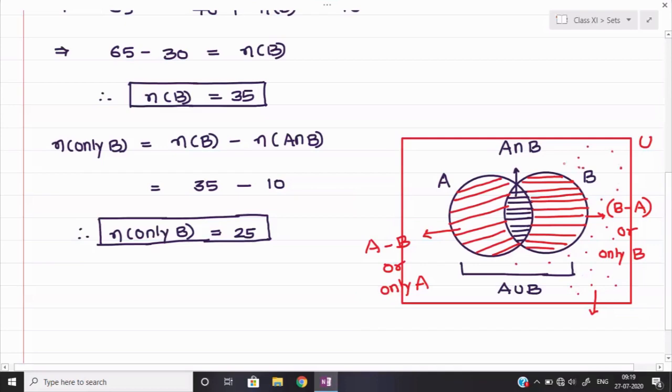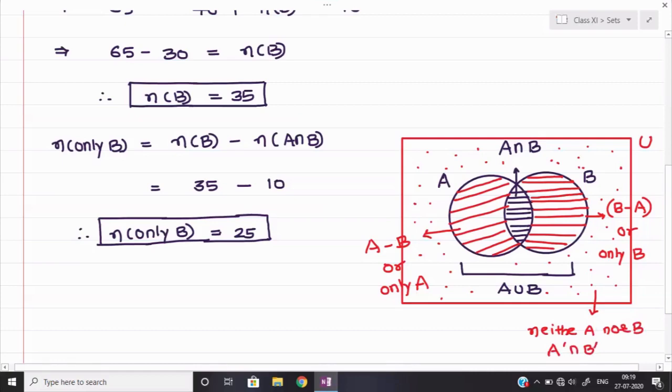If I put some dots here, these regions I am talking about. Particularly in this region come those elements which are neither A nor B, so this region will be A dash intersection B dash.